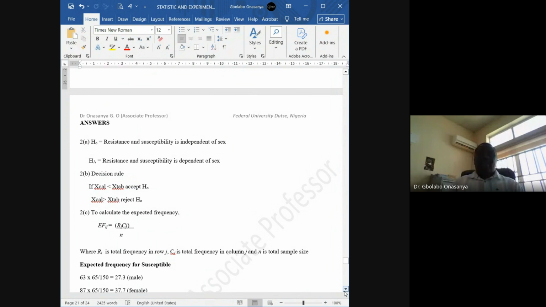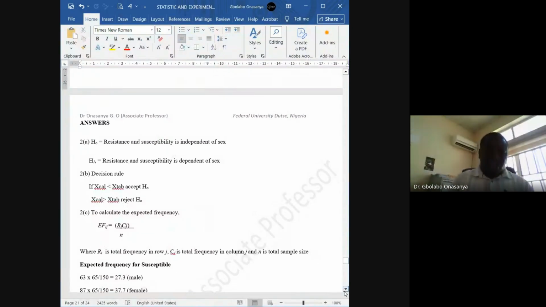Now, we want to see if there is discrepancy. So the null hypothesis is that resistance and susceptibility are independent of sex. So sex does not have an effect. Somebody may even say sex does not affect resistance and susceptibility of pigs in response to swine disease outbreak. Some may say there is no difference in resistance and susceptibility.